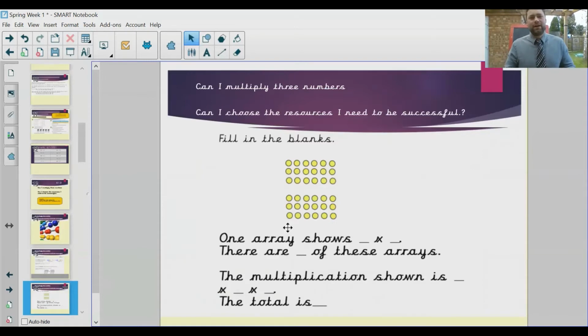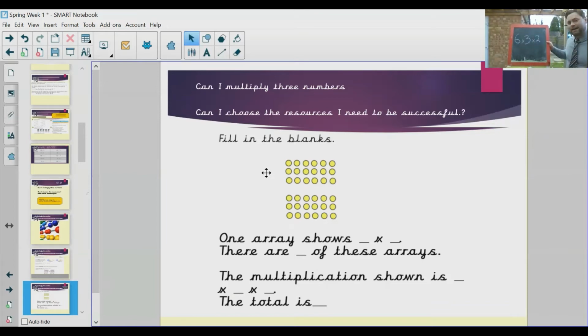So on the screen here, you can see that there are 2 arrays. Our first array here, okay, shows 6 going across the top and 3 going down. So that shows us 6 times 3. Now, there are 2 of these arrays, so we can now multiply that by 2 as well.